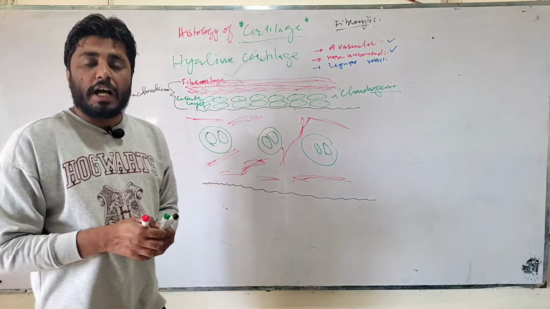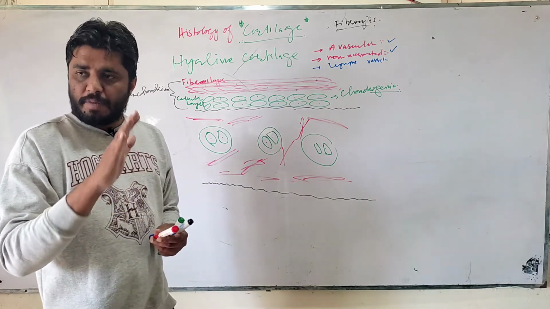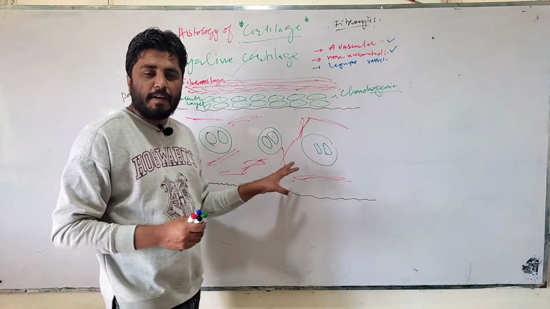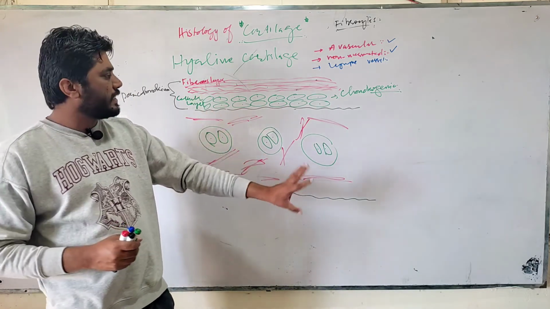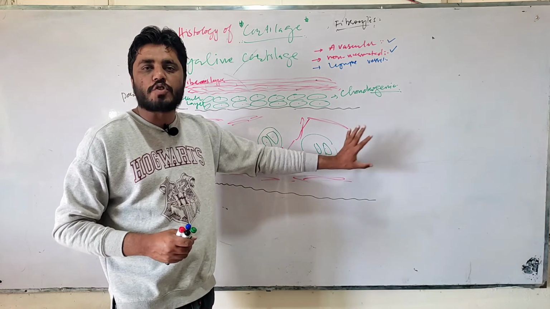When you look under a light microscope, you will find some special characteristics, and on that basis you can say this tissue belongs to cartilage.